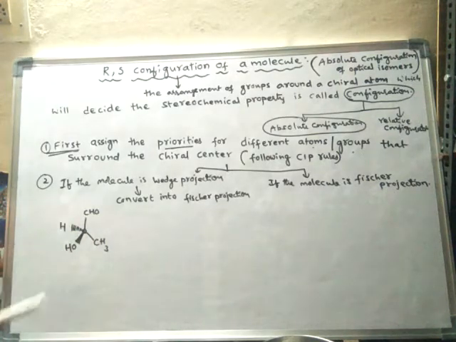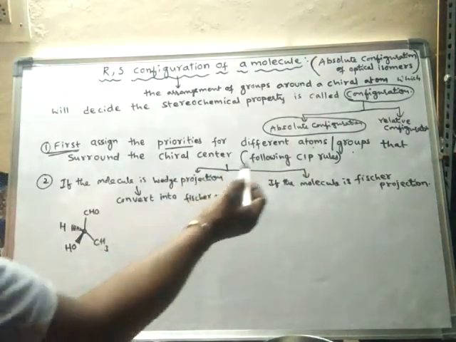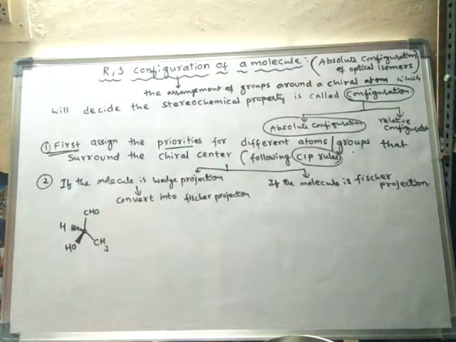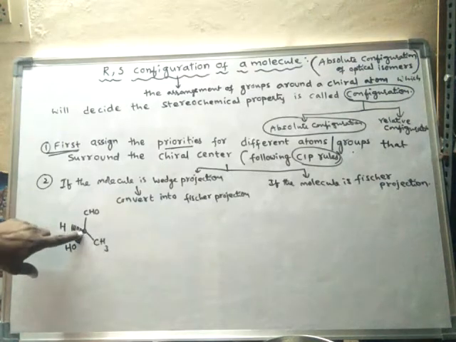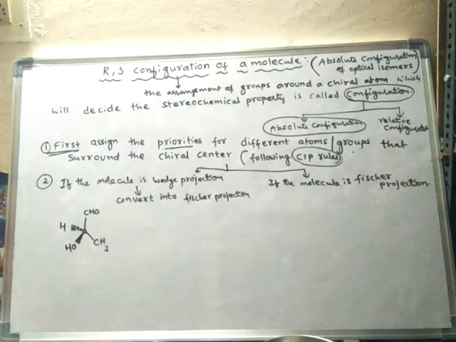So first we will decide the priority. CIP rules are always based on atomic number order. The atom directly attached to the chiral carbon is the one whose atomic number should be considered.